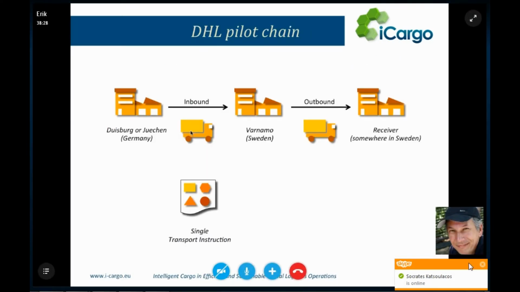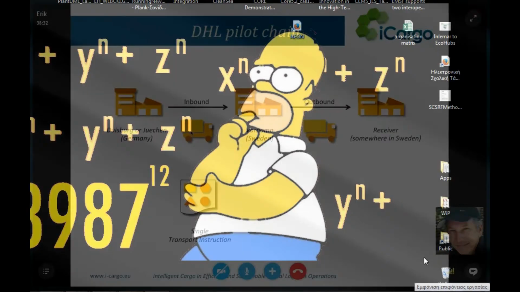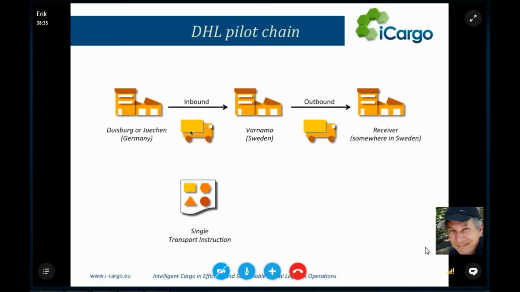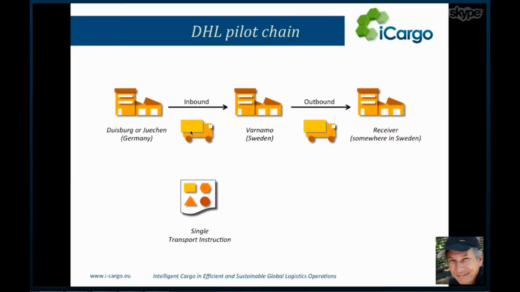So what's so important about this single transport instruction is that it contains information on literally thousands of packages that will be sent from Germany to Sweden per instruction, per inbound trip. And the different packages are symbolized by different shapes.